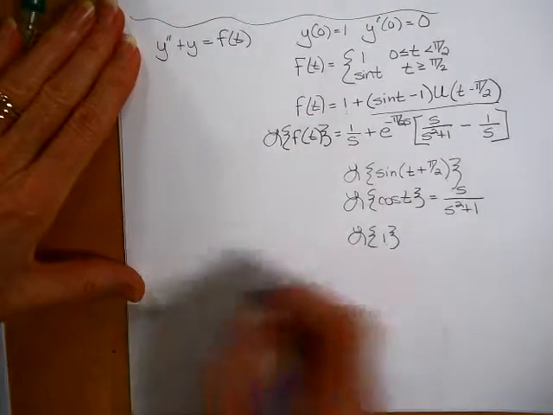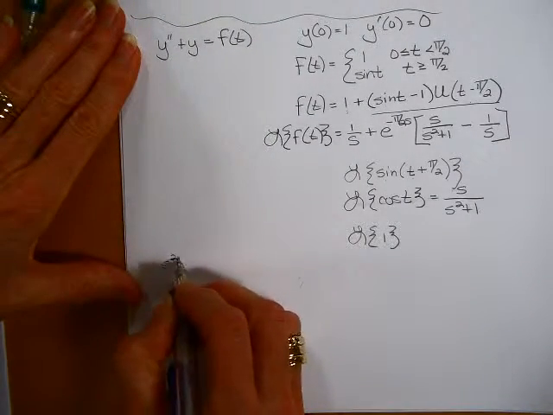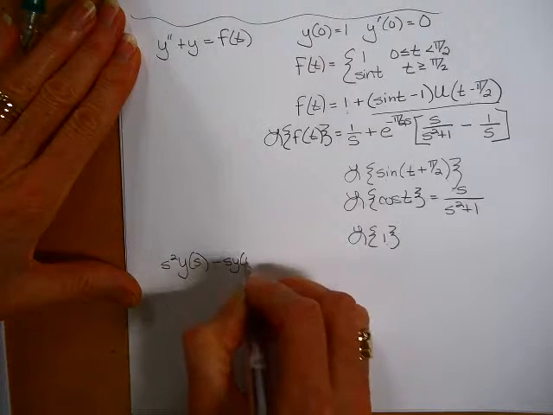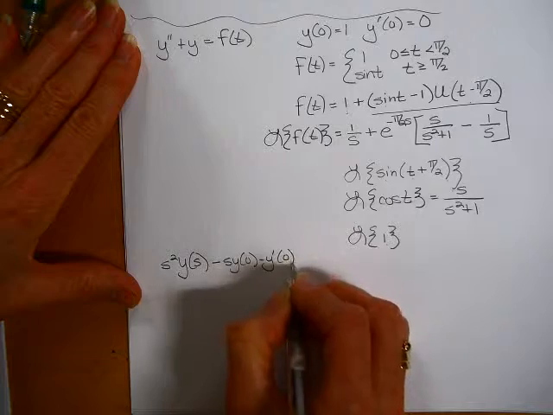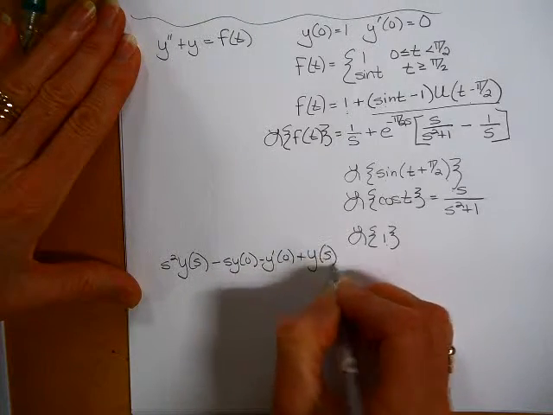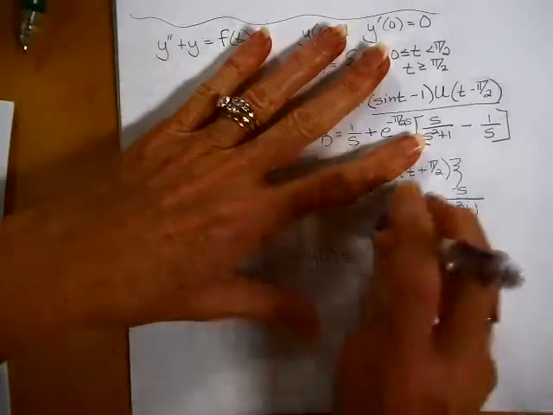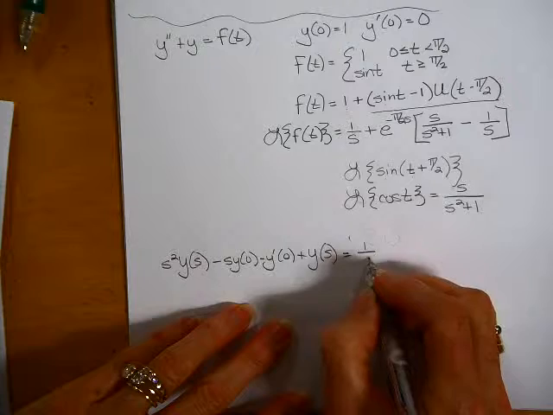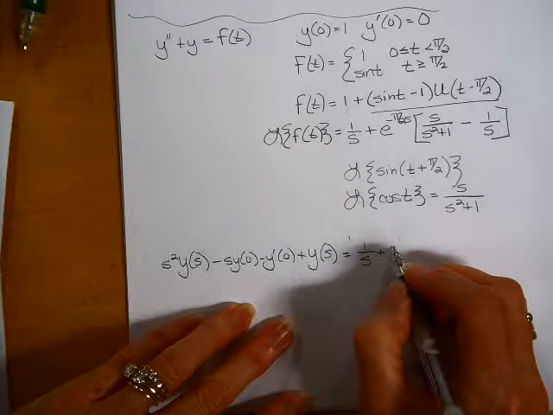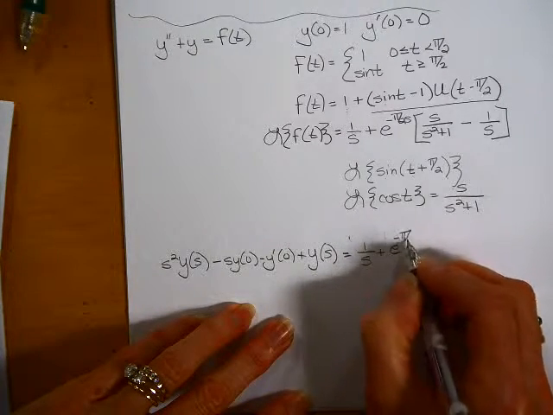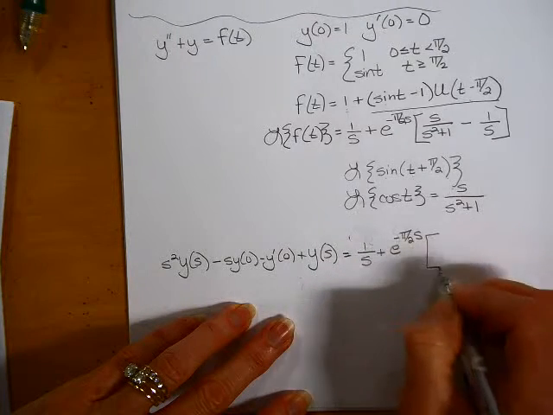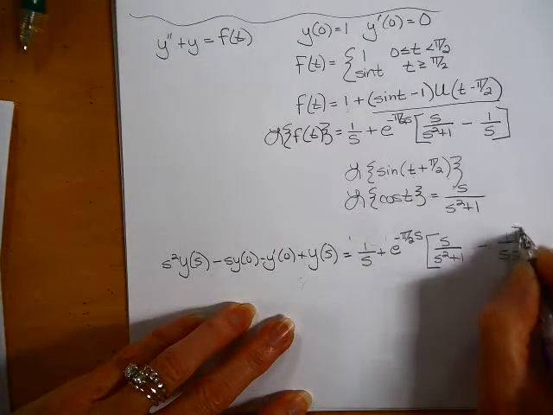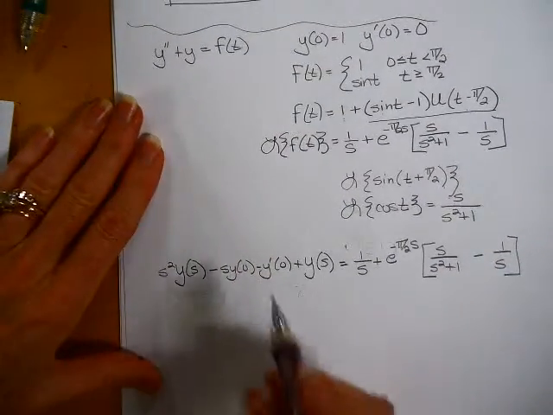Alrighty, take the Laplace transform of the other side. So s squared y of s minus s y of 0 minus y prime of 0 plus y of s equals all this other stuff. Okay, initial conditions.